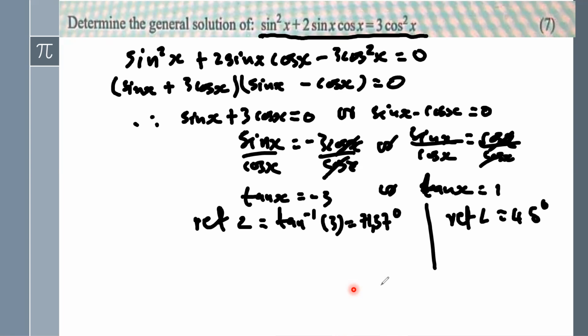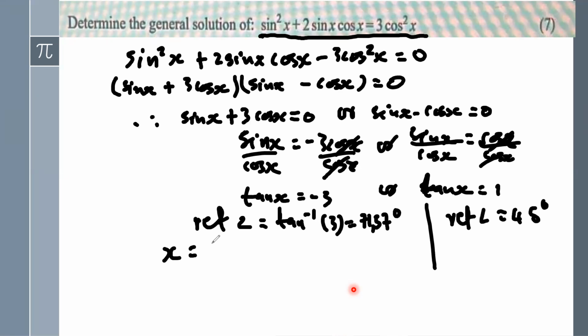Now, the beauty of the tangent is that you just need to work with one quadrant and you are done. So what we do here, tan is negative in the second quadrant, so it is enough to say x equals 180 minus the reference angle. So in other words, what is 180 minus 71.57?